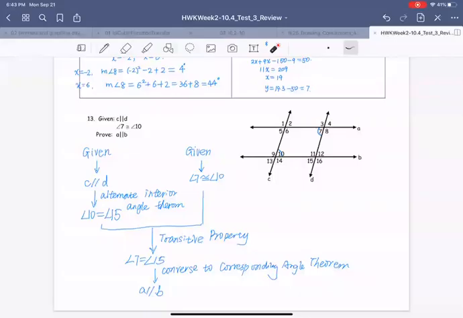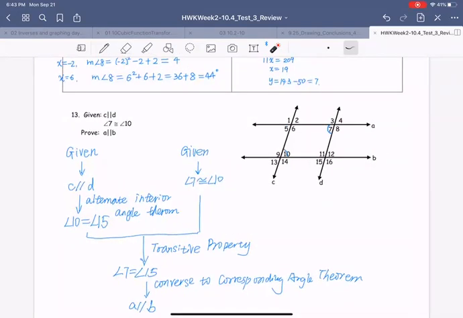Remember, we drew this kind of thing in summer. If you kind of forget, let's review this, okay? They give you C is parallel to D, and angle 7 equals angle 10.